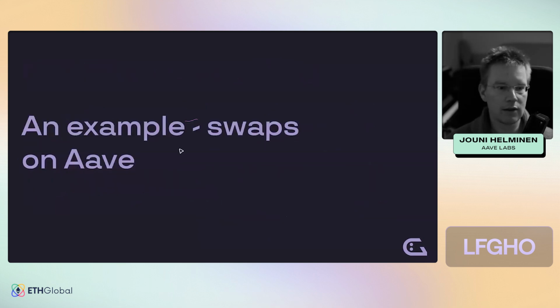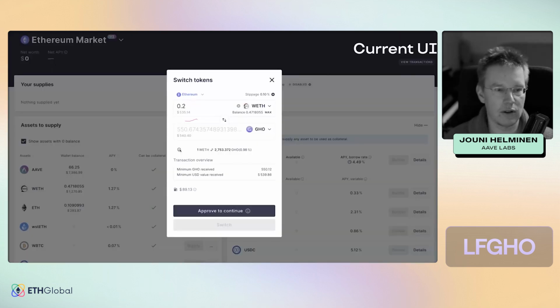Okay, so let's look at some examples. There's been a lot of text and a lot of talking, so here are practical examples. This is a current UI of Aave. Not designed by us, but a good first step for switching tokens in particular. It's functional, but there's quite a lot going on here.